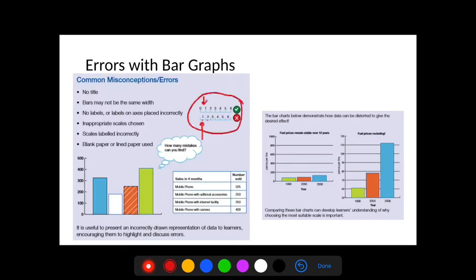Sorry about that. So let's look at this bar graph and see what's missing. No title, so we could add a title. No labels, or labels put incorrectly. Let's go ahead and add some labels in here.